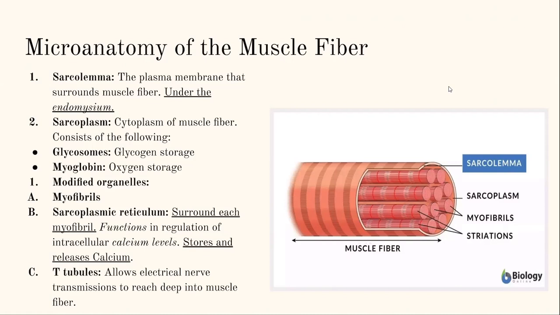And then we have T tubules. What T tubules do is they allow electrical transmission to reach deep down into the muscle fiber and reach the myofibrils, and that connects to the sarcoplasmic reticulum, and from then on it allows calcium to be released into the sarcoplasm.